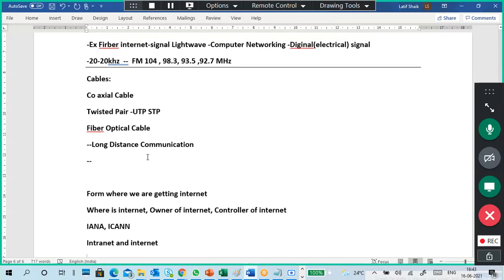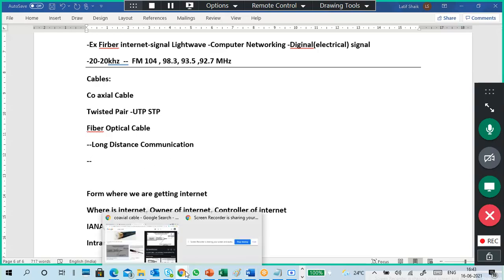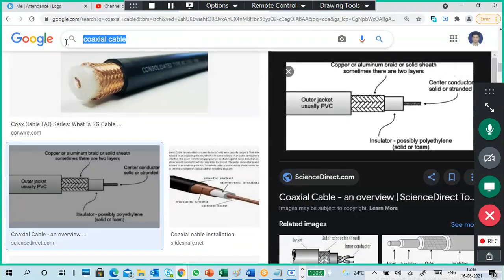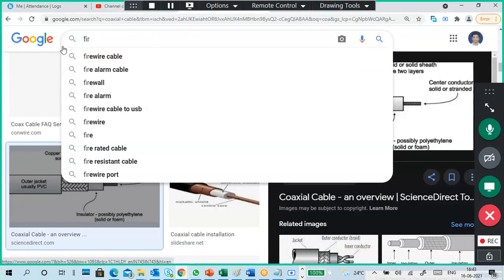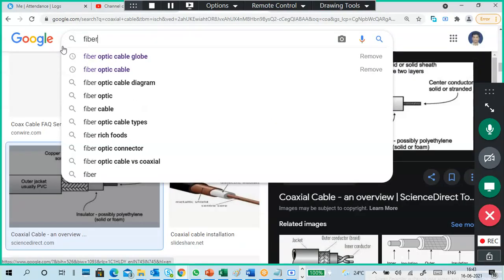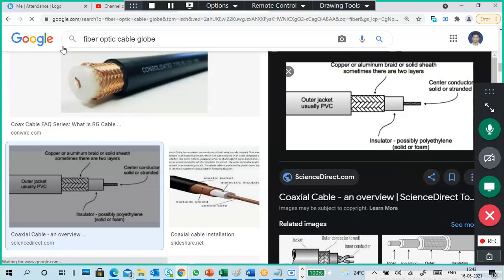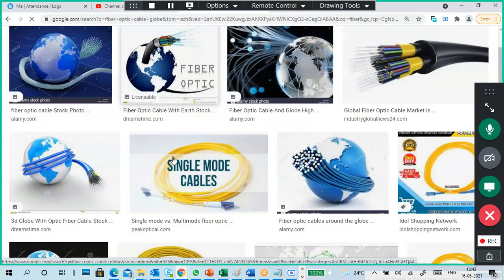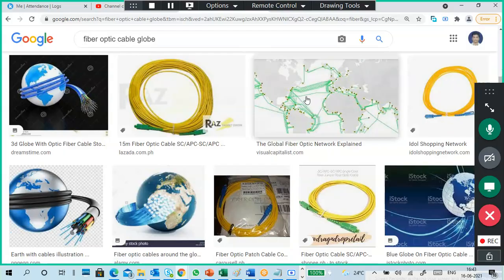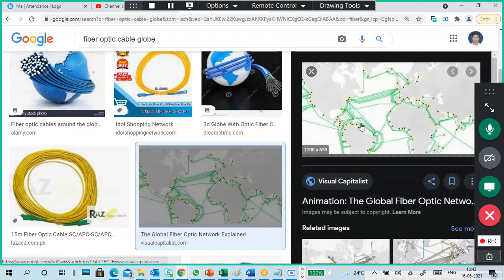Next, fiber optical. Continent to continent connections and country to country connections are possible with fiber optical cables. If you see the globe here, this is South Africa, India, South America, North America.